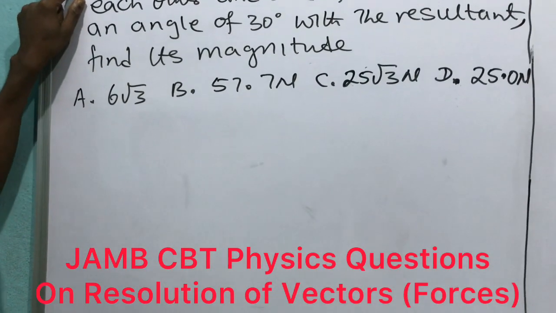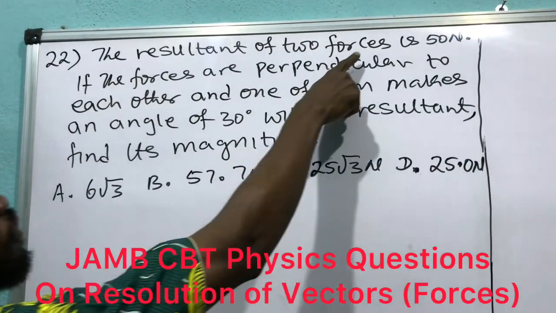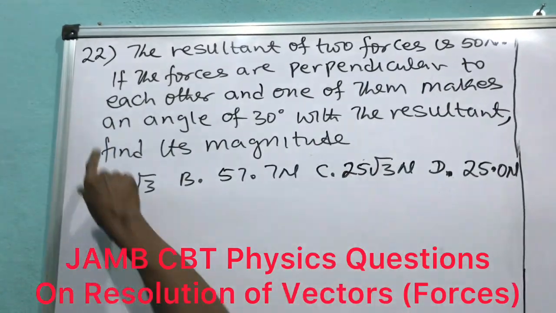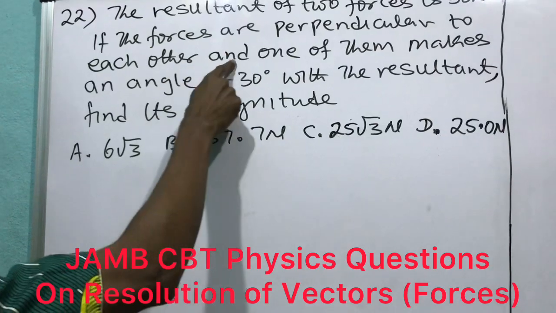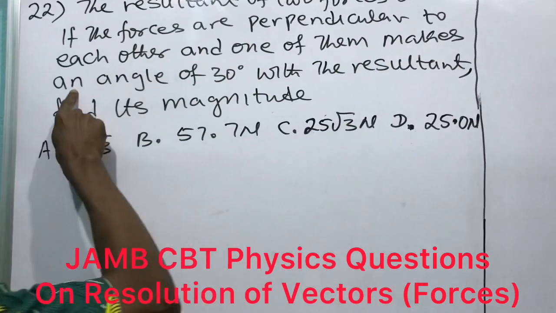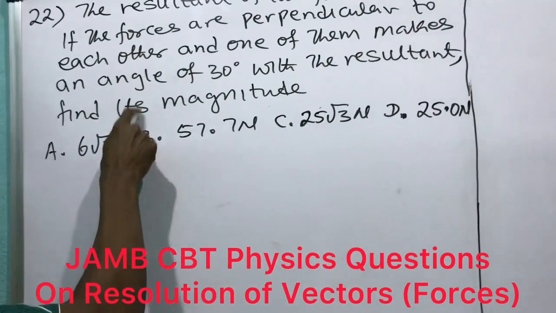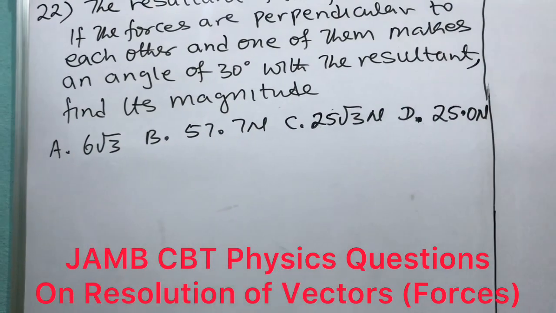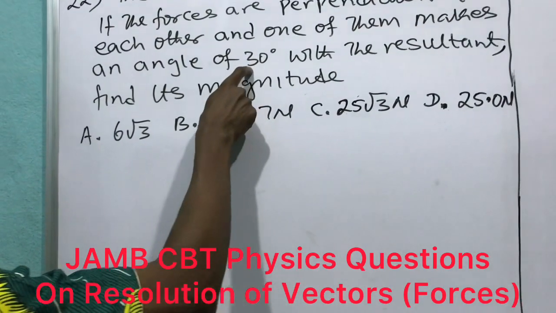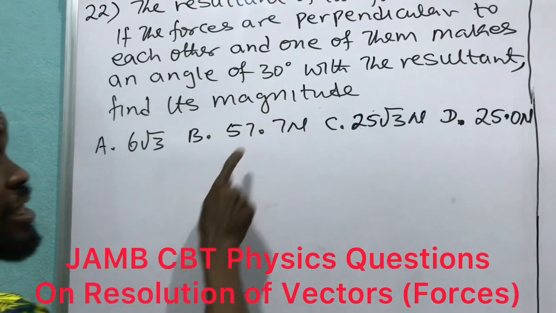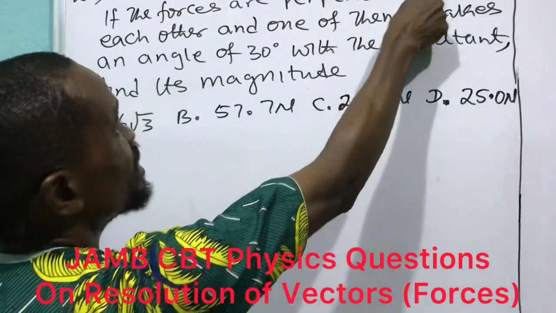Question number 22 says the resultant of two forces is 50 Newton.